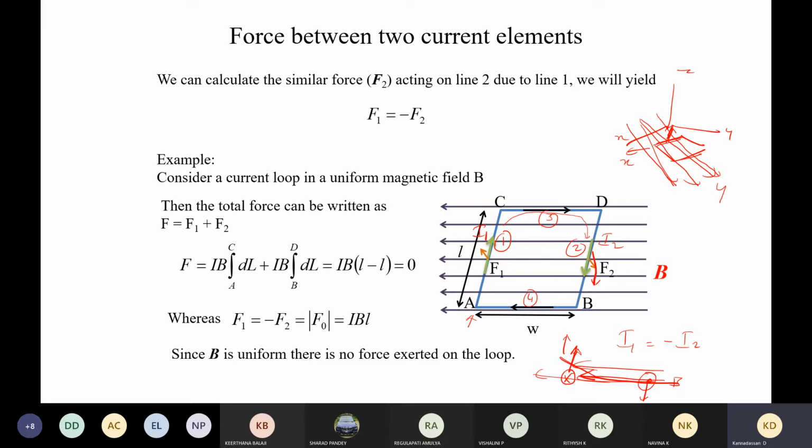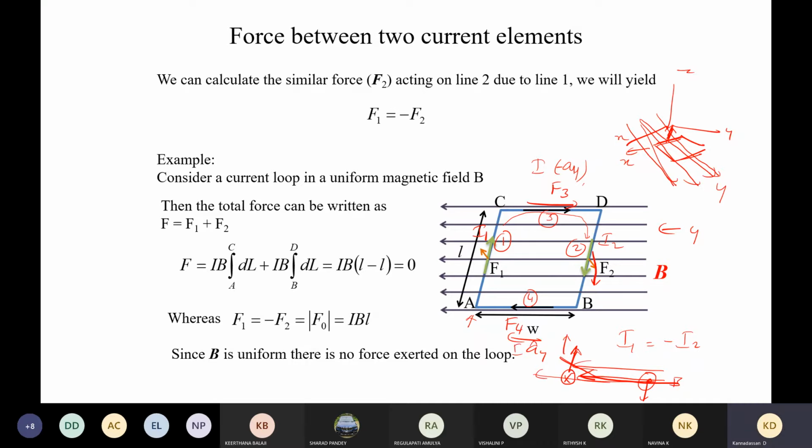Now, another important question is what about the force on section 3 and section 4. If you notice, these two are in the same direction as the magnetic field. Let's say the field is along the y direction, then this current is in the minus y direction, but here this current is along the y direction.